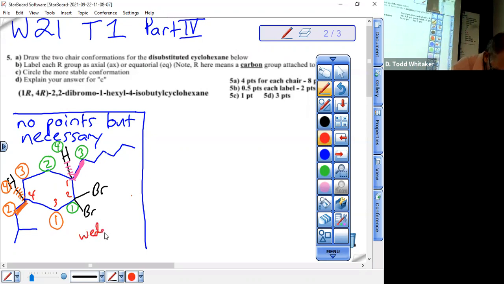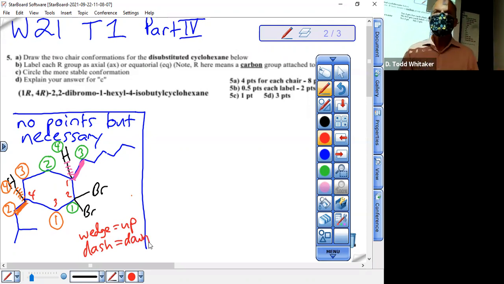Wedge equals up. Dash equals down. That's all. So when you draw your chair, make sure this group is up, it's on a wedge, and this group is down. That's what dash means.